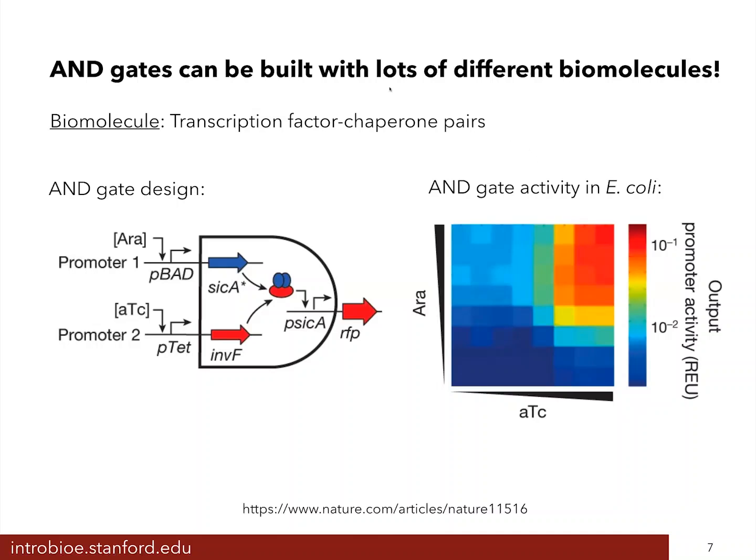Okay, so this first AND gate is built with transcription factor and chaperone pairs. So the design of this AND gate uses 2 different inducible promoters. One promoter is turned on by the presence of arabinose, that's a type of sugar, in the cell, and the other promoter is turned on by a type of antibiotic called tetracycline.